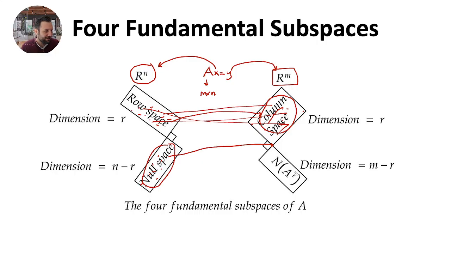Similarly, the definition of the row space is obvious, and the column space is the target.